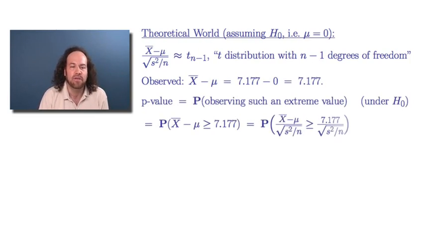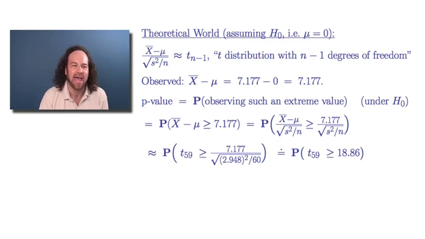We compute the probability that x bar minus mu is at least as big as 7.177. We can again manipulate both sides by dividing by the square root of s squared over n. And now we've got a quantity whose distribution we know is this t sub 59. And the question is, what's the probability that that is bigger than or equal to, in this case, 18.86?